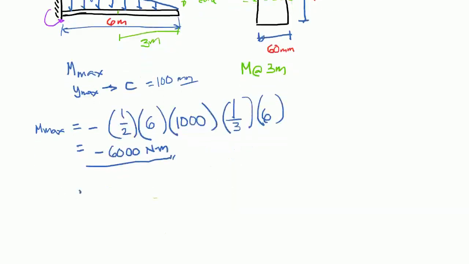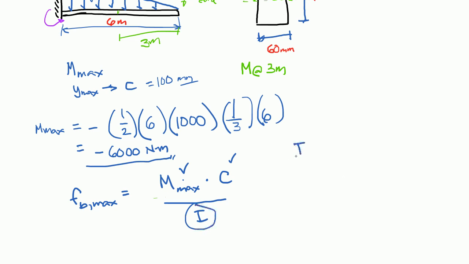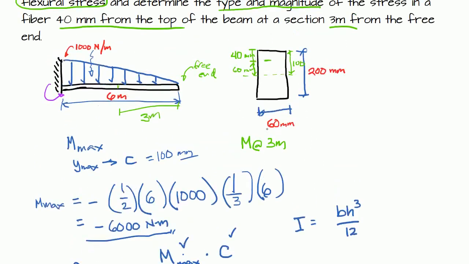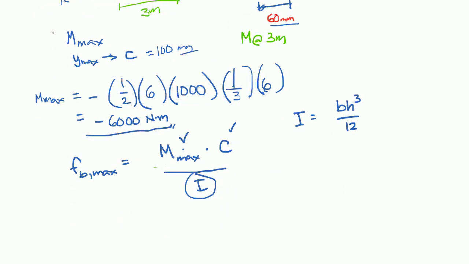Okay, so to find the maximum bending stress, we need MC, of course the maximum moment, times C over I. We already have these. So, we need I. This I is BH cube over 12. So, let's go back to the figure. What is B? Okay, B is 60. H is 200. So, let's just substitute the values here.